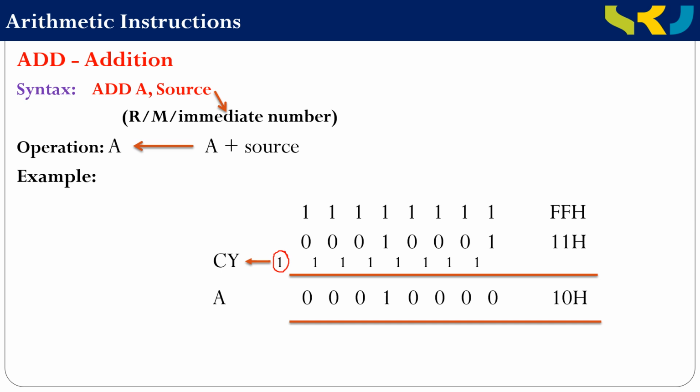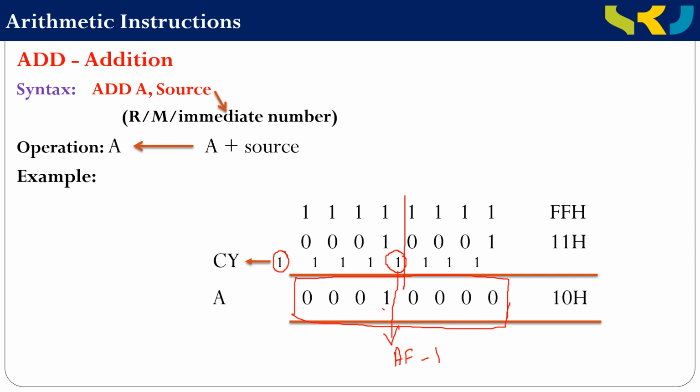After addition or after subtraction, if there is a carry generated from the lower nibble, the auxiliary carry flag will be set to 1. Similarly, the 8051 also checks the A register contents, that is, the number of ones in the accumulator.